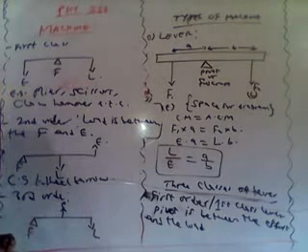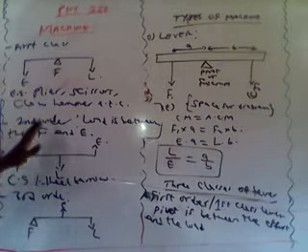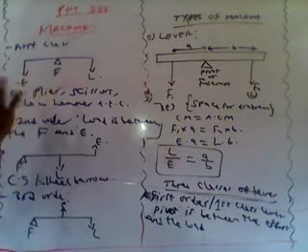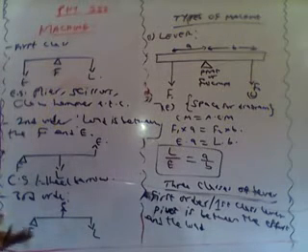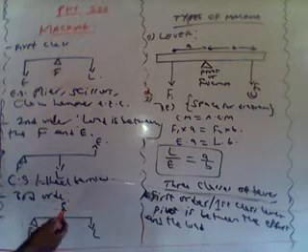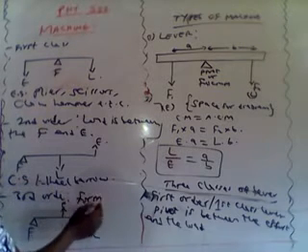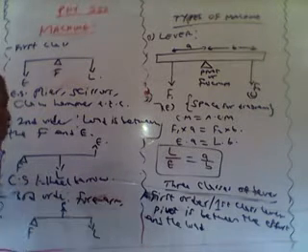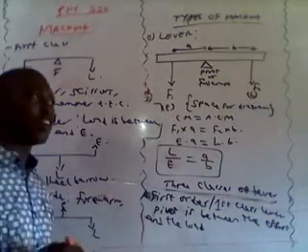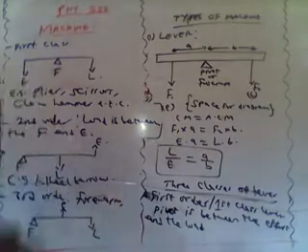So I told you earlier that what differentiates among these three kinds of levers is just the arrangement of the effort, fulcrum, and what? And the load. A typical example of third order is your forearm. You have forceps, thumb, forearm, and then the rest.